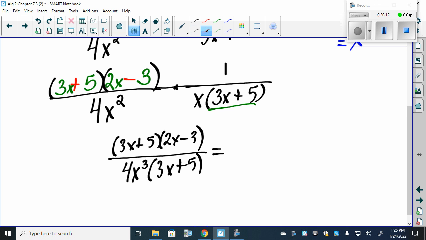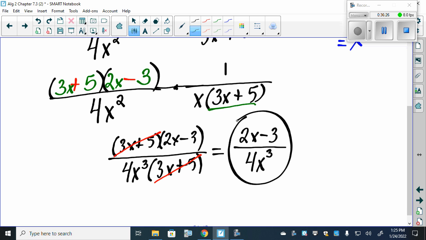And the only thing we have in common on top and bottom is 3x plus 5 and the 3x plus 5, which just leaves us with 2x minus 3 over 4x cubed. And this would be it.